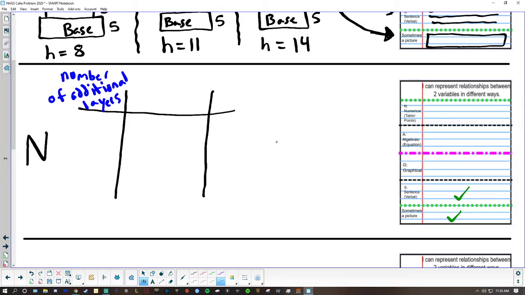My right side, which is my Y values, my range, this is the height of the cake. And finally, in this middle section, we're going to call this our process. So this is how we're getting from a number of additional layers to the entire height of the cake.